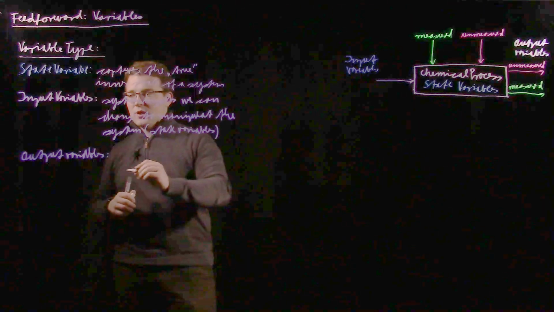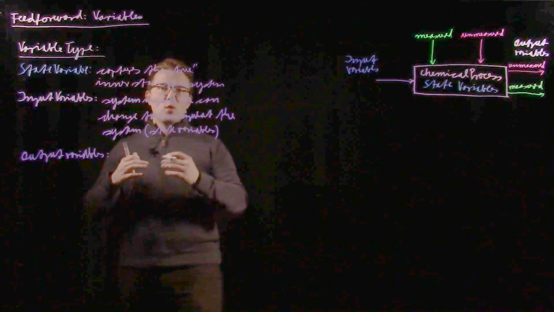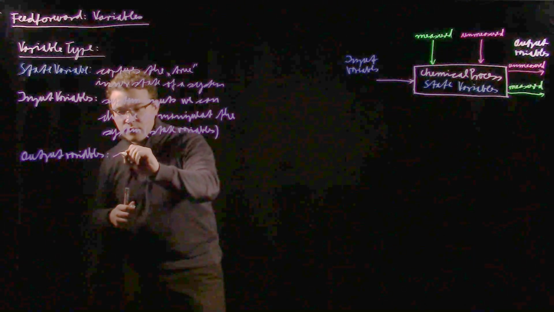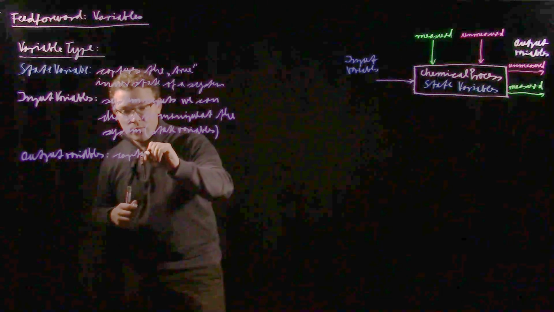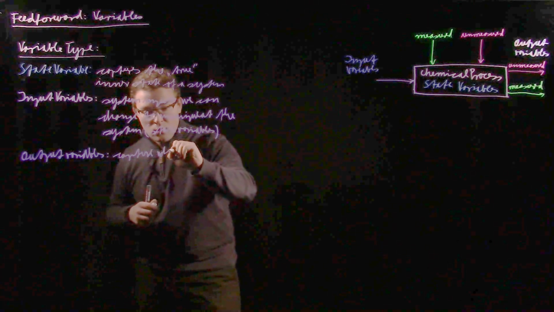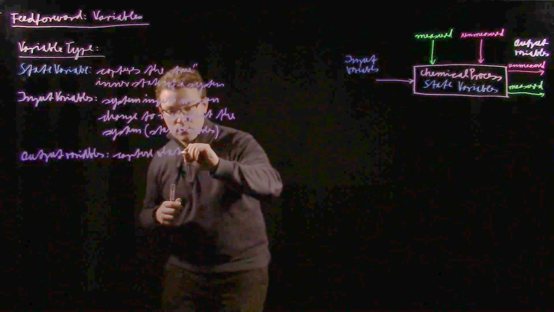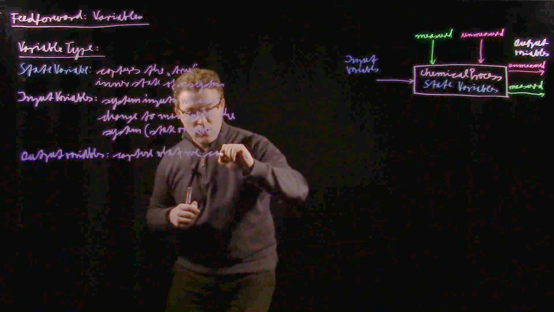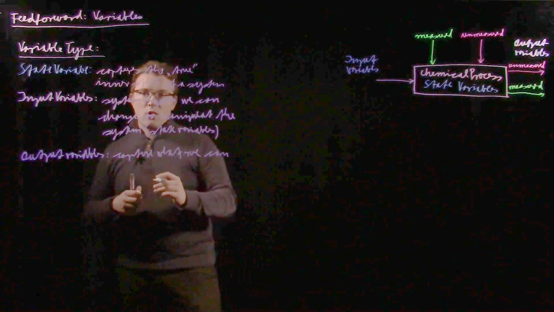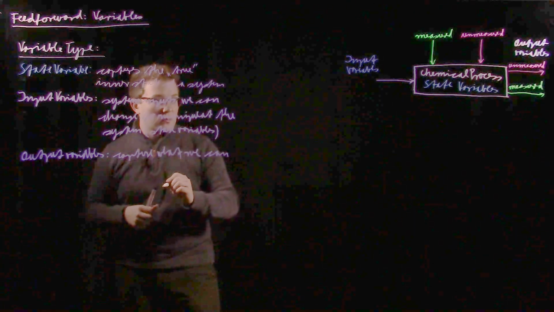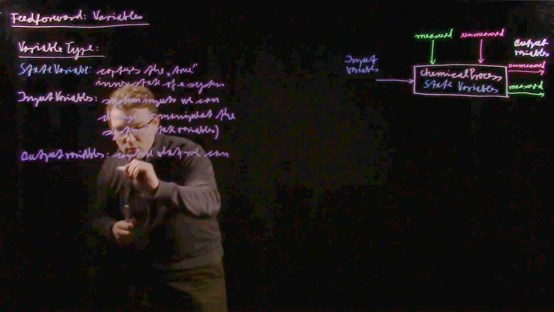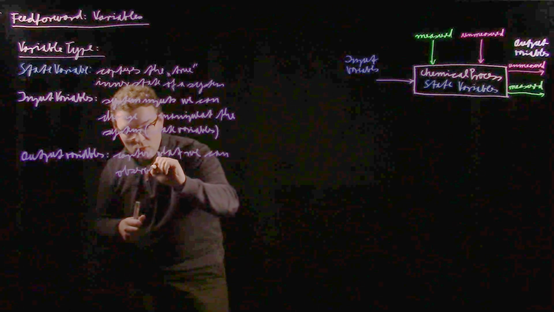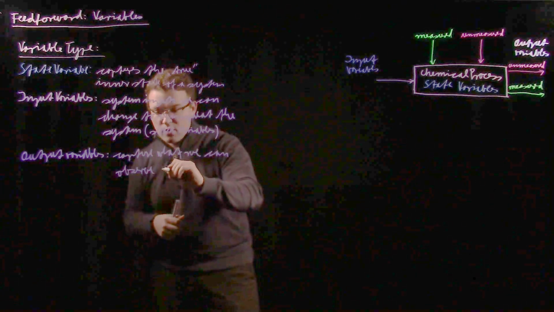So we can note here that the output variables are basically what we can measure, what we can see. So they capture what we can measure or see regarding the state variables. So in other words, what we can observe regarding the state variables.